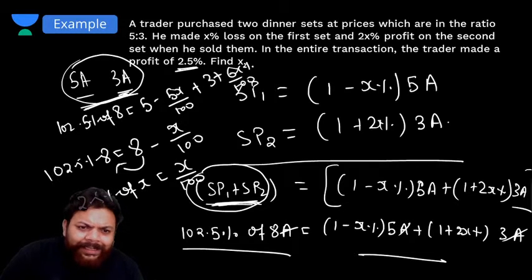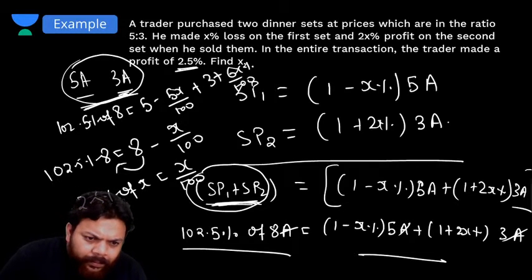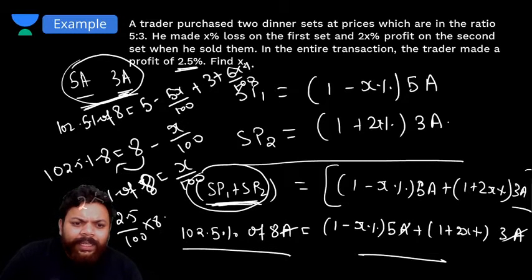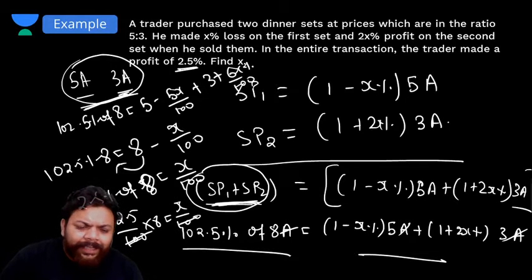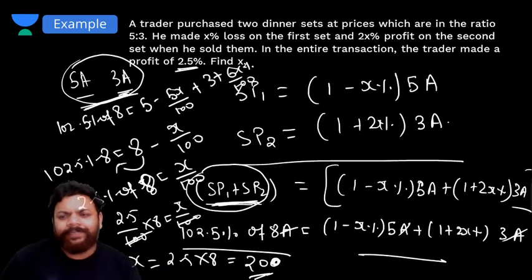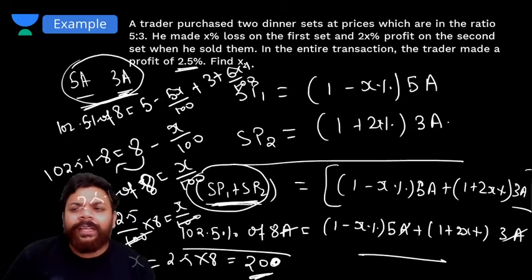So I can cancel like this, this must be 8. 2.5 by 100 multiplied with 8 must be x by 100. And if I cancel 100 and 100, I'll get lastly x is equal to 2.5 multiplied with 8, and this is going to be 20. So this is my final answer, guys.